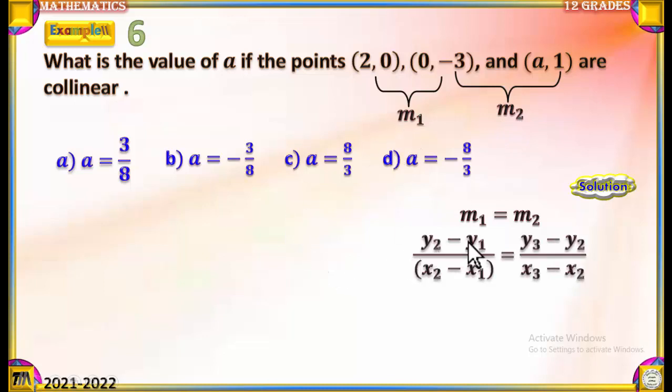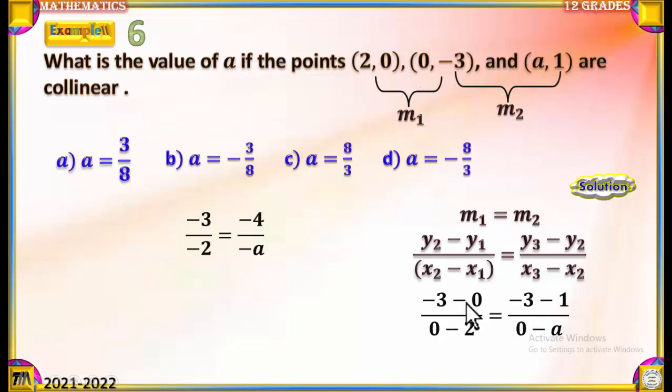Then (y2 minus y1) over (x2 minus x1) is equal to (y3 minus y2) over (x3 minus x2), so minus 3 minus 0 over 0 minus 2 equals 1 minus minus 3 over A minus 0. Minus 3 minus 0 is minus 3, 0 minus 2 is minus 2, equals 1 minus minus 3 is 4, A minus 0 is A.